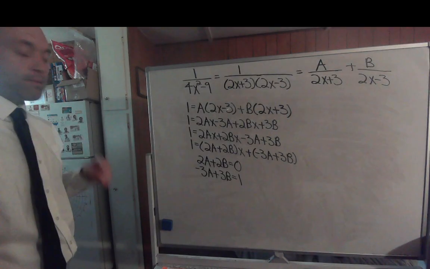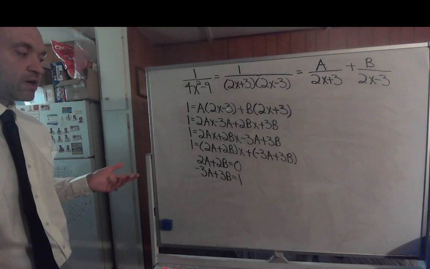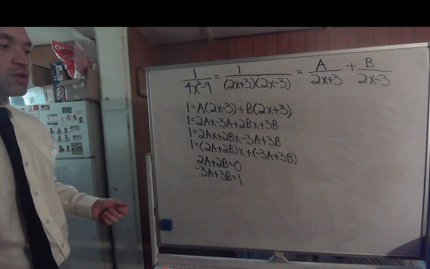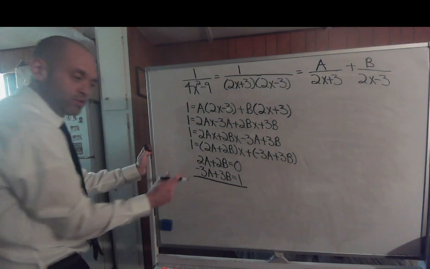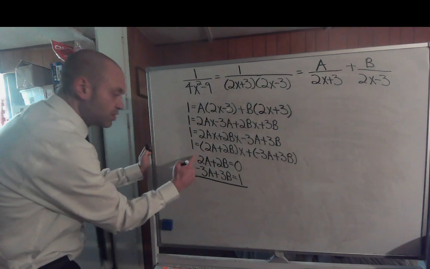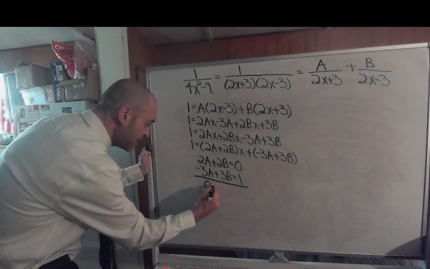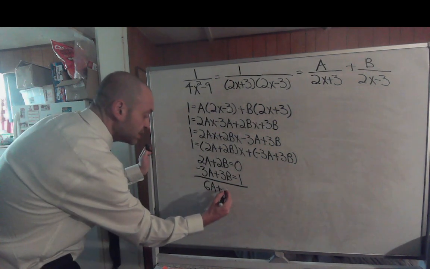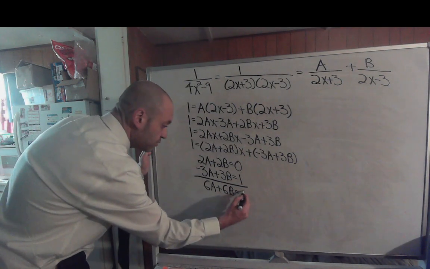I'm going to use elimination. We could do substitution, it doesn't matter. But if we multiply the top one by 3 and the bottom one by 2, we can eliminate a. Multiplying the top equation by 3, you get 6a plus 6b equal to 0.